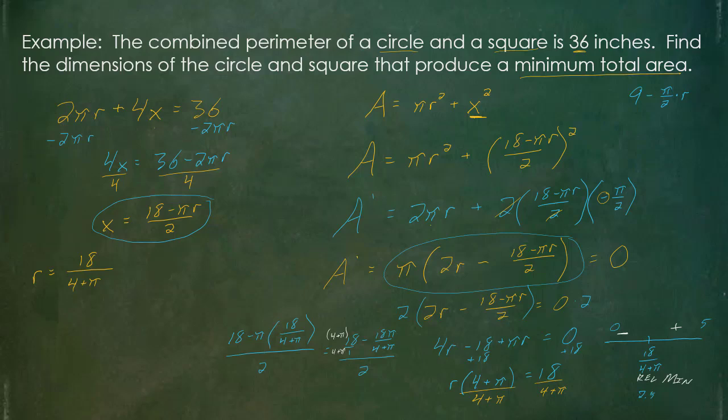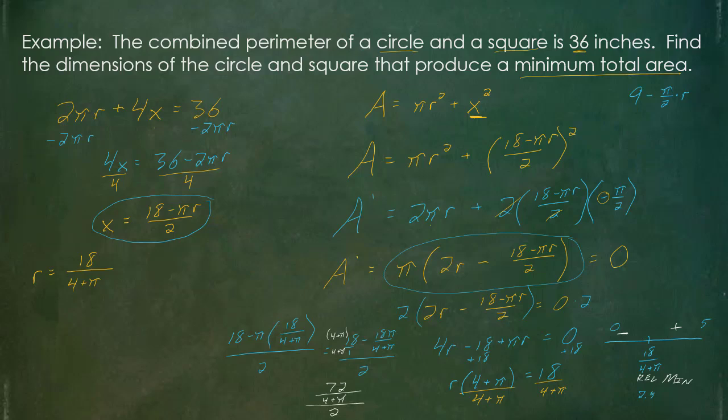So I've got 18 times 4. Then I'm going to subtract, actually no, 18 times 4, that's just going to stay. So that would give me 72. Then I've got 18 times pi that will subtract with the 18 pi, so that would be actually gone. So it's going to be 72 over 4 plus pi, but still over the 2 that's on the bottom.